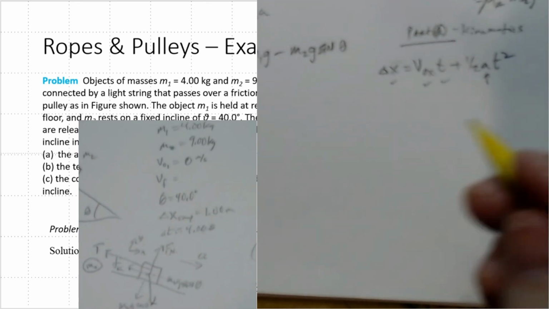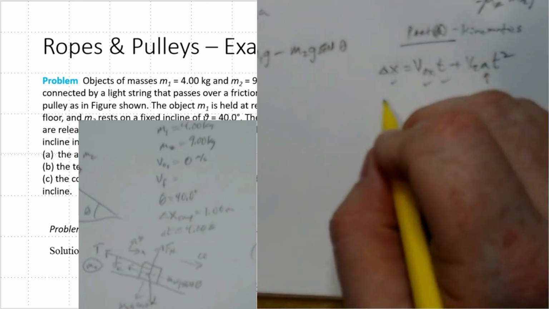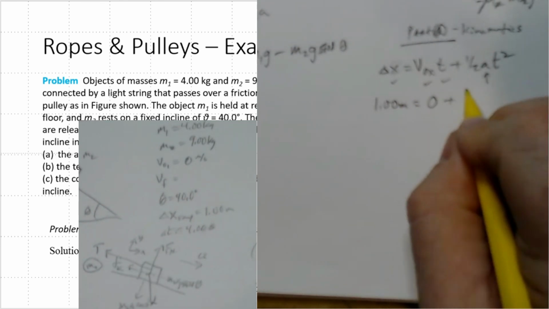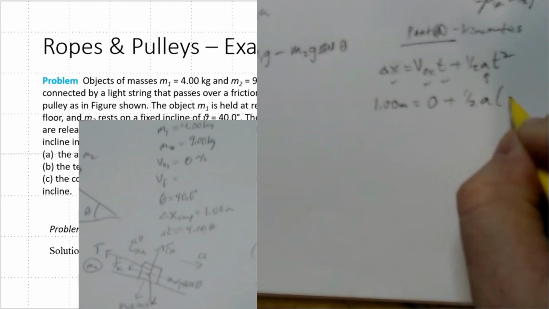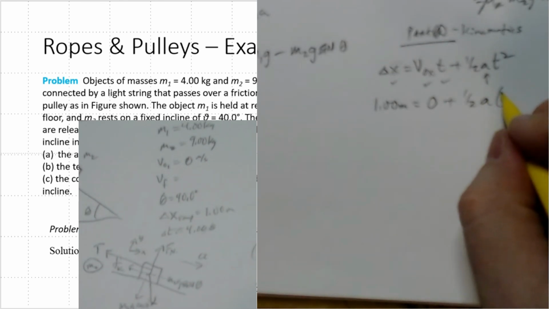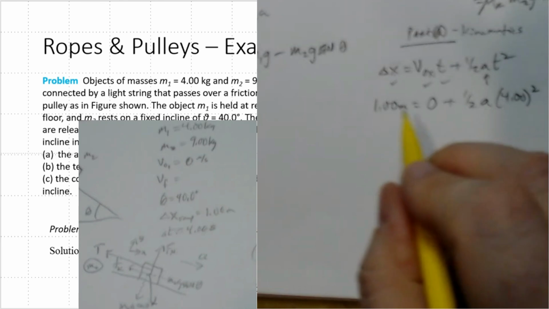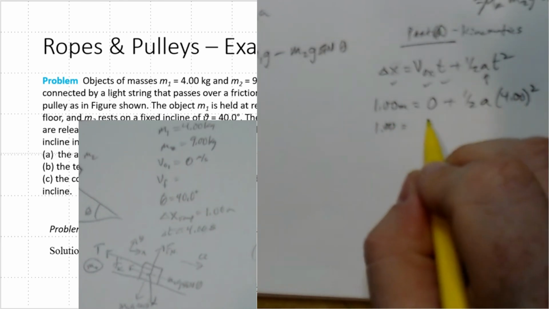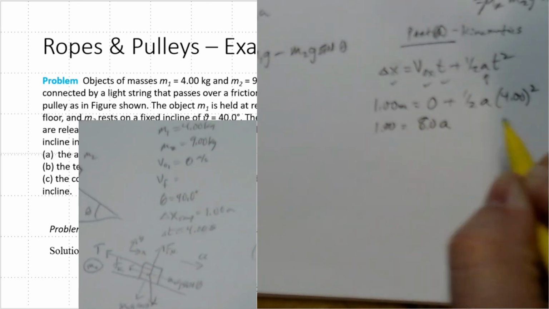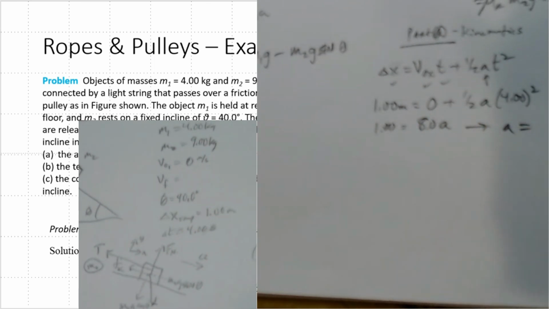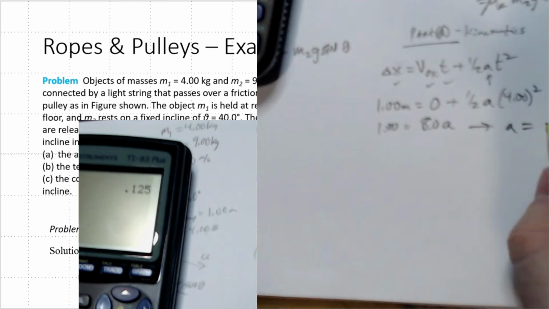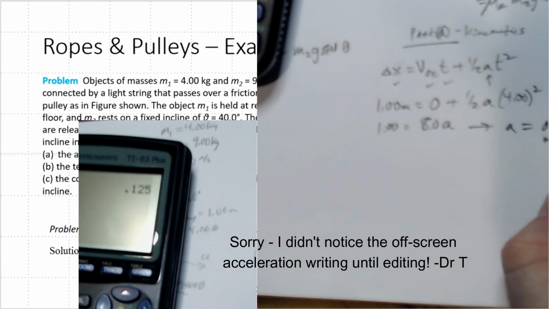We have everything we need. 1.0 meters is equal to 0 because that started at rest, plus 1/2 a times 4 seconds squared. 1/2 of 4 squared, 16, half of that is 8. 8.0 times a. Acceleration is going to be 1 divided by 8, 0.125 meters per second squared.